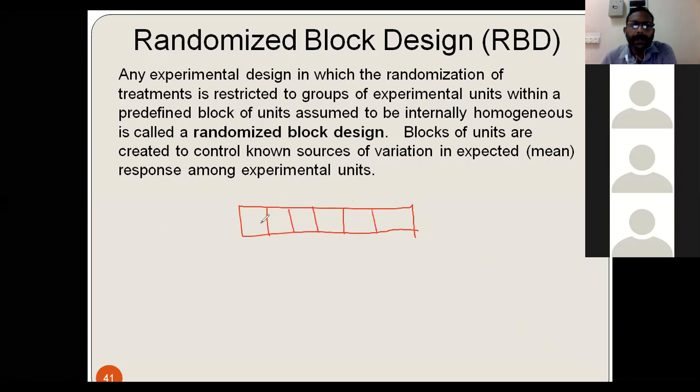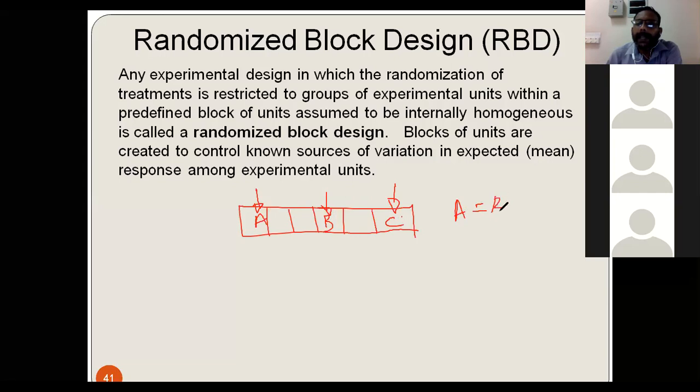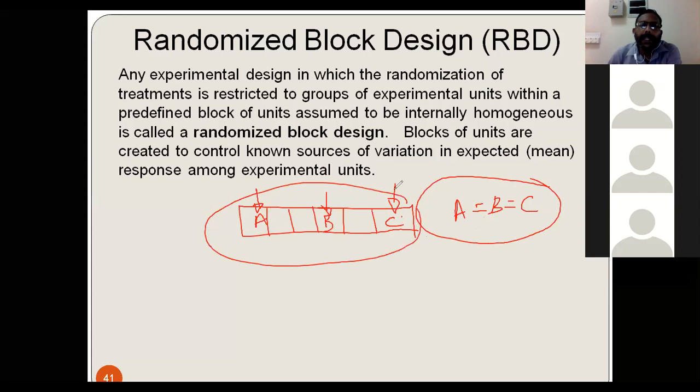If you consider this experimental unit A, B, and C, and if you don't have any variation, if A, B, C all are in the same condition, then we can say this is a homogeneous block.